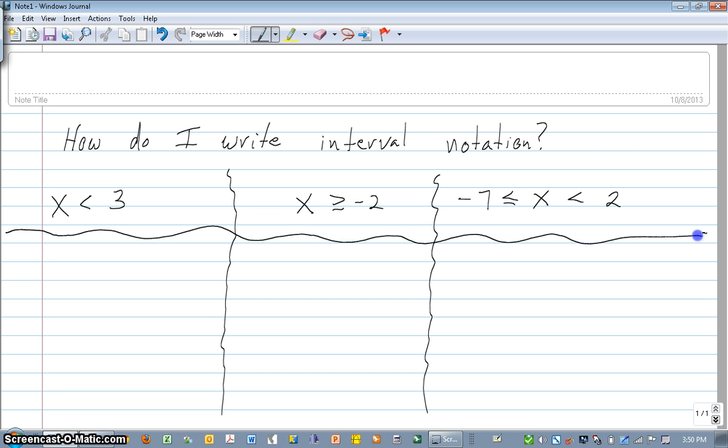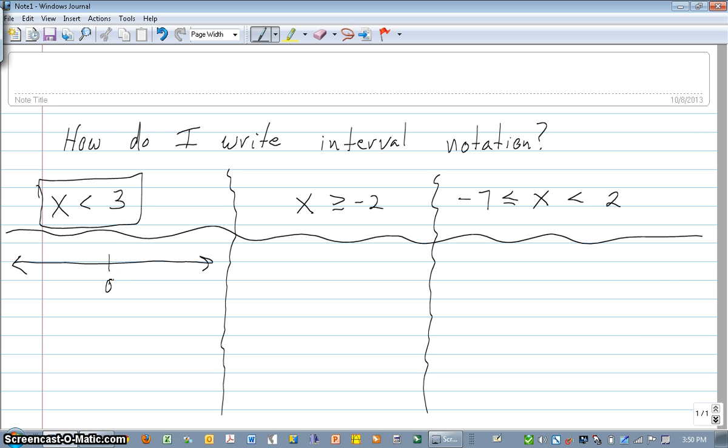Starting with the one on the very left, x less than 3. I really think, and this is just my opinion, that if you graph the inequality on the real number line first, the interval notation comes directly from the graph. So if you draw your real number line, of course you have 0 right in the middle.